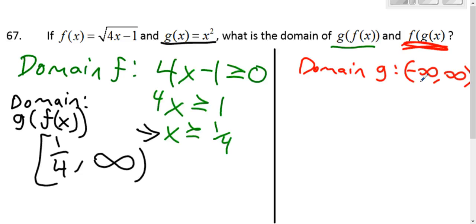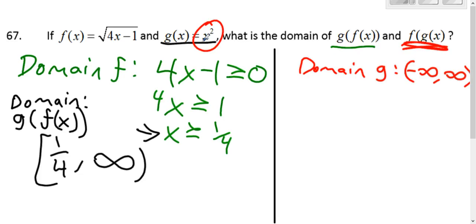And when we plug anything into g, when you square it, it only will output a positive number. So no matter what we plug into g, it's only going to give us a positive number in return. Because negative times negative is positive, positive times positive is positive. No matter what you square, you only get a positive.